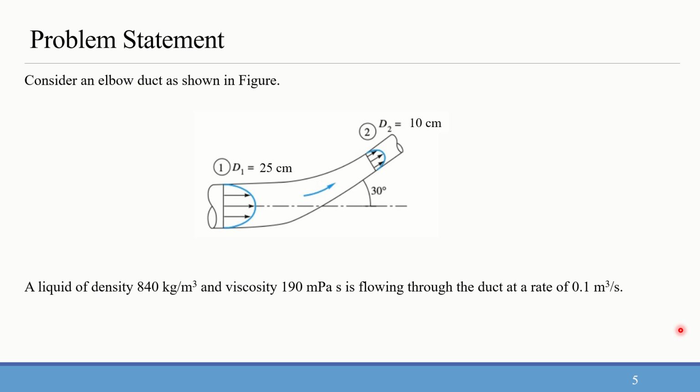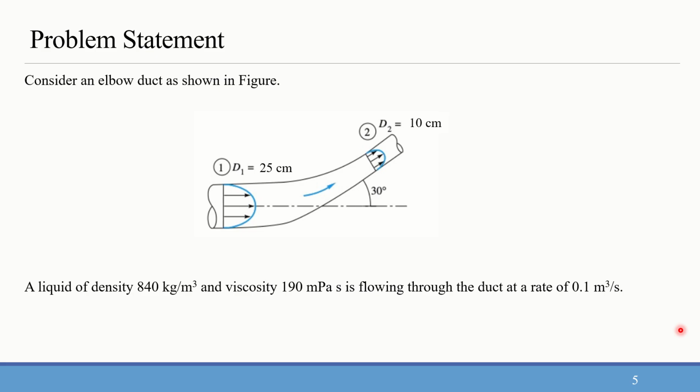So we are given the properties of the fluid flowing inside the duct, and also the flow rate. The fluid has a density of 840 kg per meter cube and a viscosity of 190 millipascal second, or 0.19 pascal second.